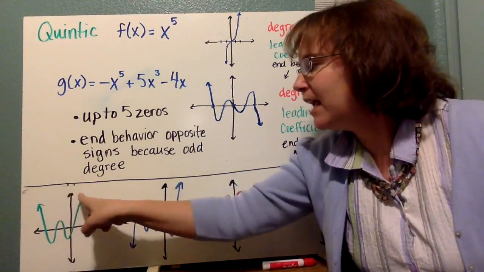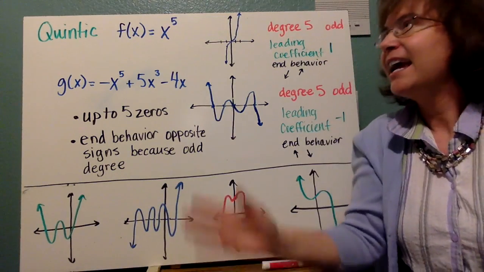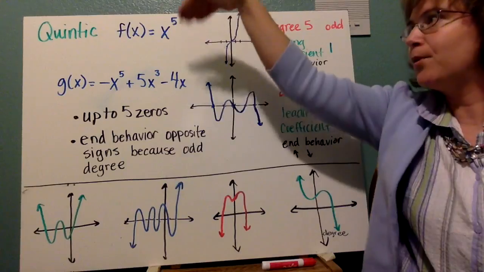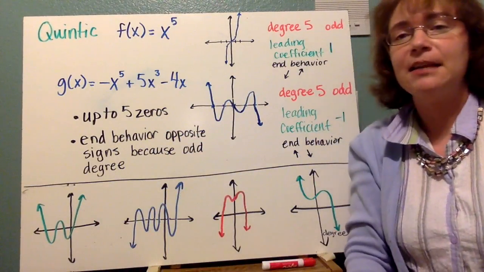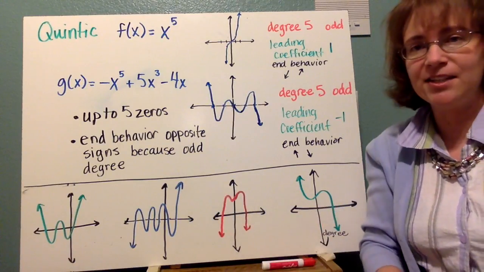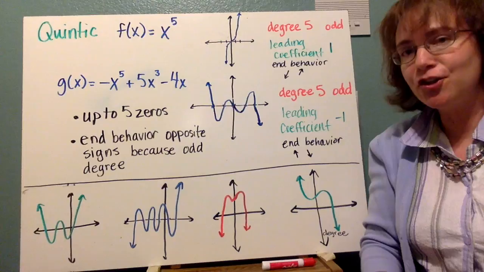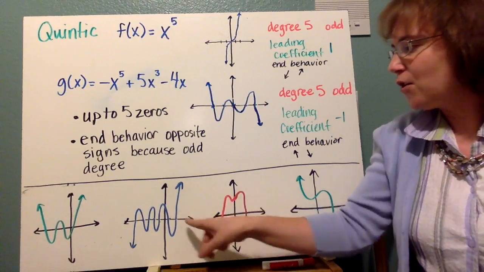Also, my end behavior tells me that I'm getting more and more positive on both ends. And I kind of imagine it as a parabola because it has the same end behavior. So I know that that's going to be a positive leading coefficient. This one I can tell is going to be odd. It's going to have an odd degree in the polynomial. And so it's going in different directions.